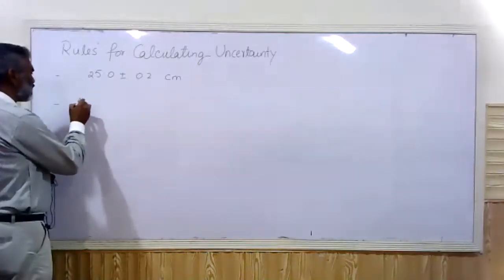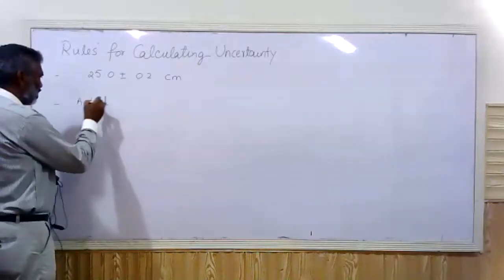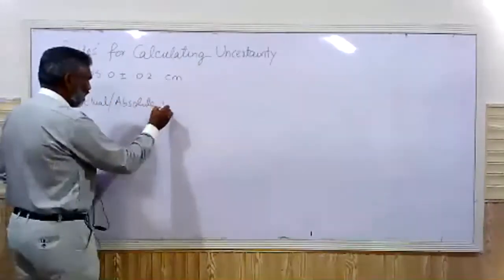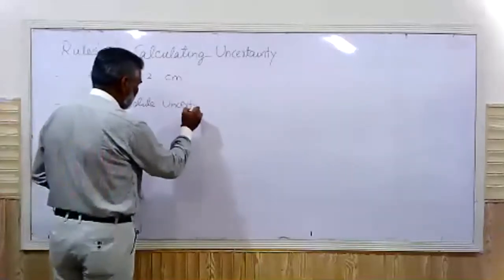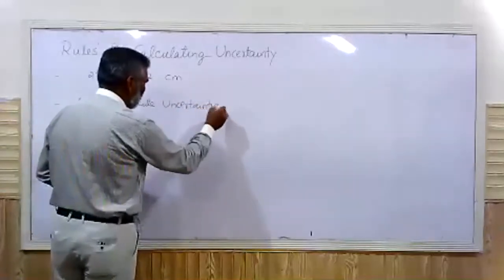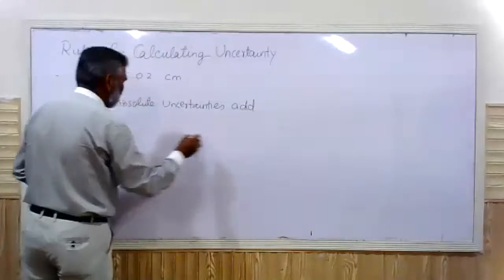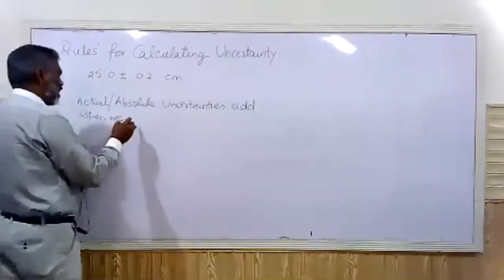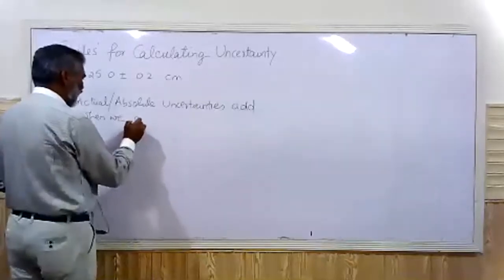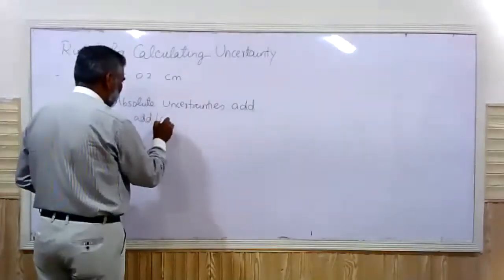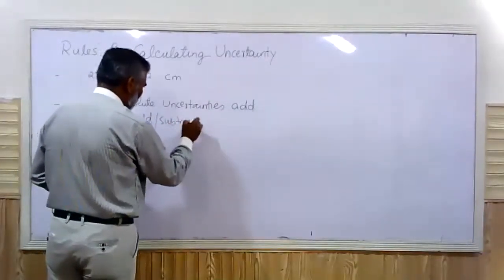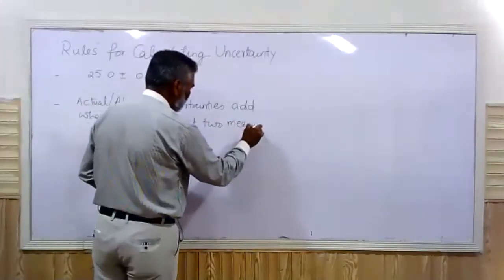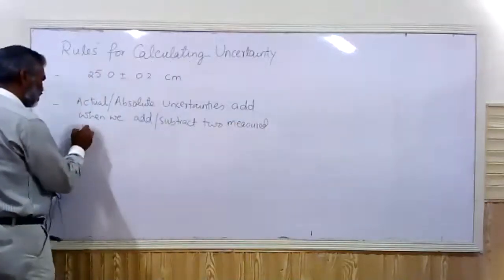So actual or absolute uncertainties add when we add or subtract two measurements or two measured values.